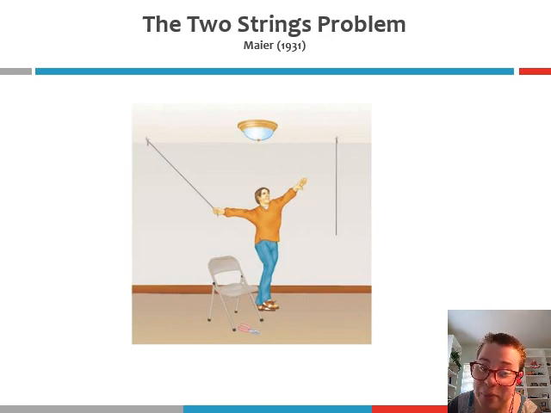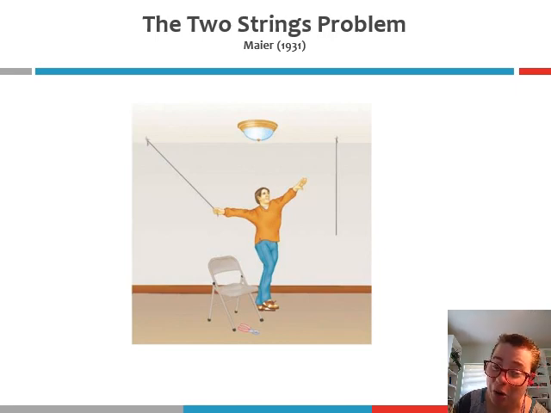But inevitably, what you notice if you try to solve this problem is that the strings are too far apart. So you end up reaching for one of the strings, and then your arm isn't long enough to reach the other one.